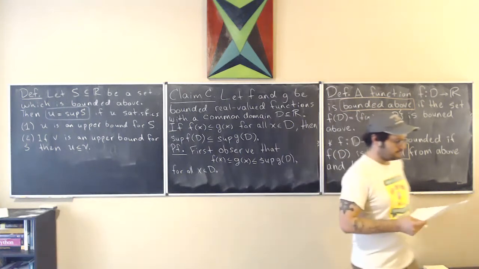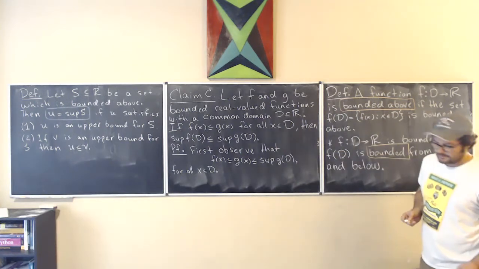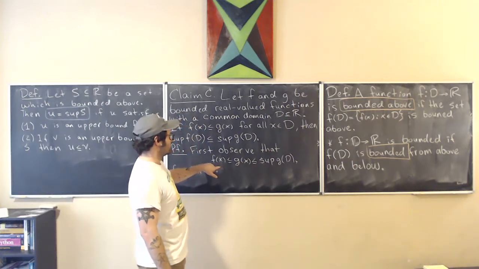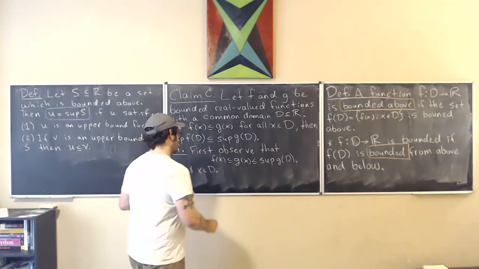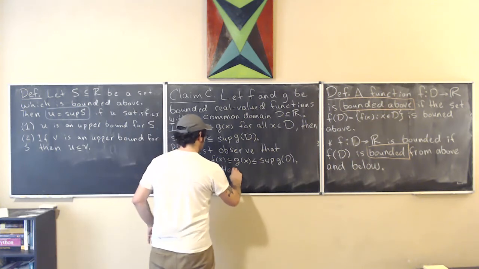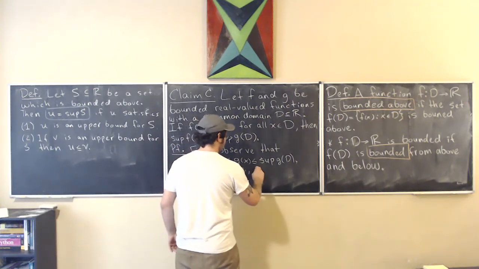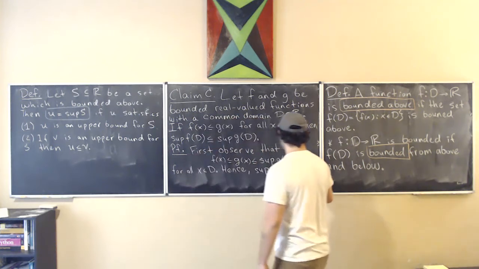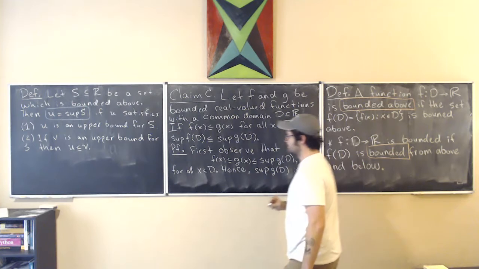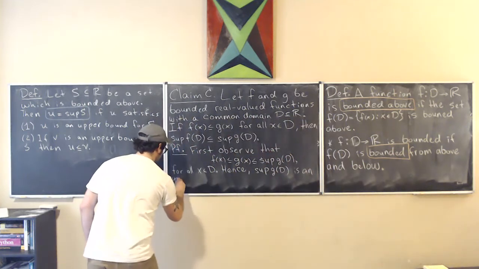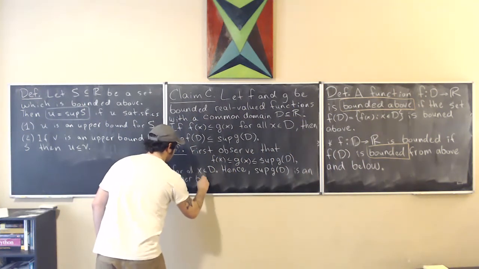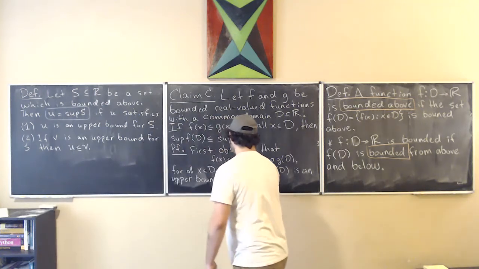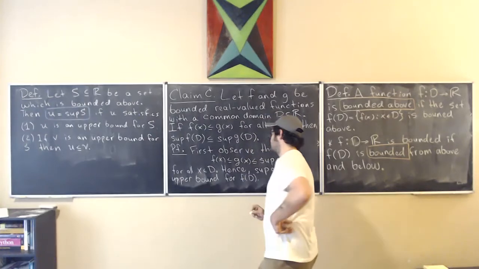So what this means is that the supremum of g is an upper bound for f of D. Hence, sup of g on D is an upper bound for f on D, the image of D under f.